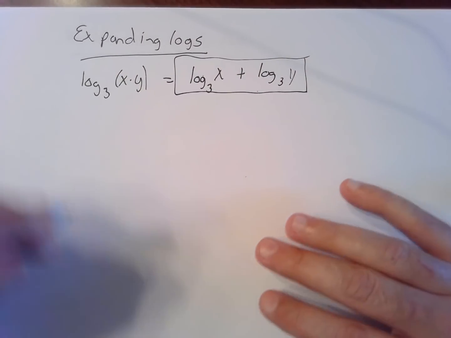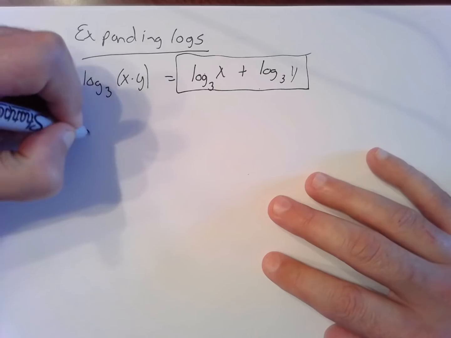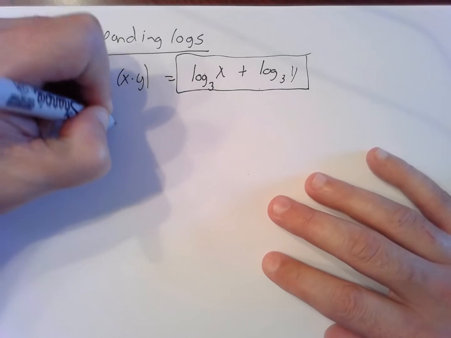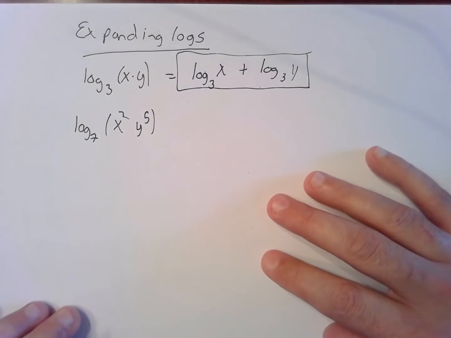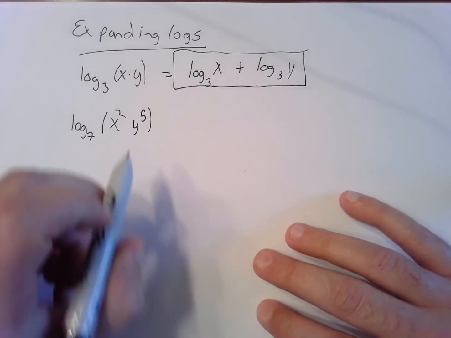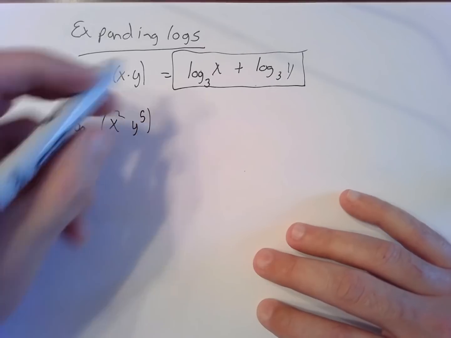Okay, let's make it a little more challenging. What if we had log base 7 of x squared y to the 5th? Okay, using the product rule, I got a couple of things multiplied.